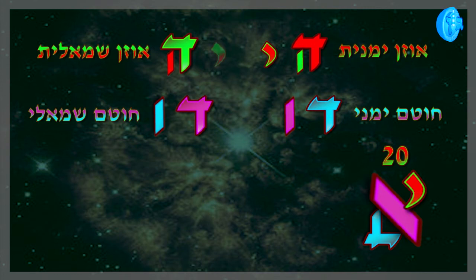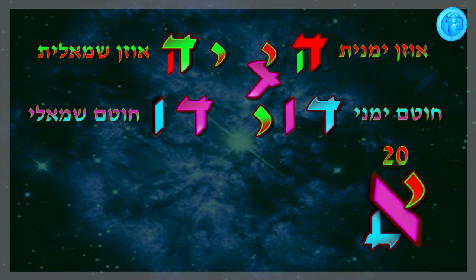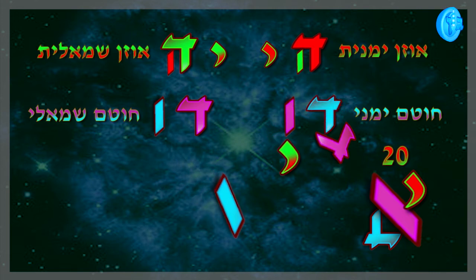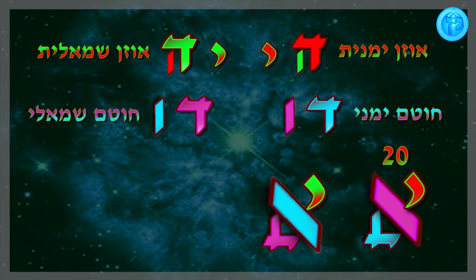When we take the Yod letter of the left ear, that is to say, in the combined gematria of the Dalet and the Vav letters, which make up the shape of the letter Hey of the left ear, and when we combine this letter Yod with the letter Dalet and the letter Vav of the left nostril, we find the second letter Aleph, which, like the first one, also has the shape of Yod, Dalet, and Vav, and the combined gematria of 20.